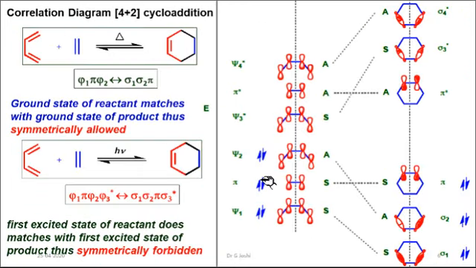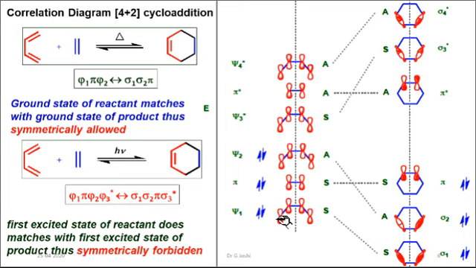Similarly, we'll do the correlation study for 4+2 cycloaddition, as we have done in the previous slide for 2+2 addition. We'll first draw the molecular orbitals of the reactant as well as the product, and assign symmetry for each of the molecular orbitals of the reactant and product.